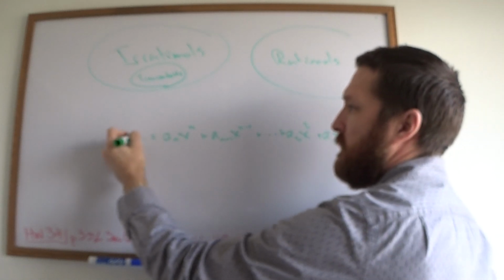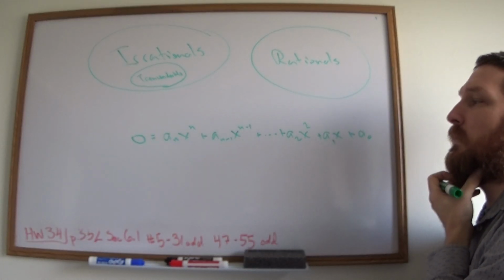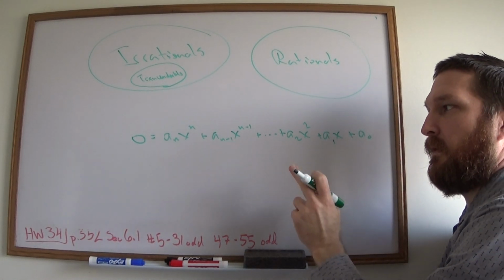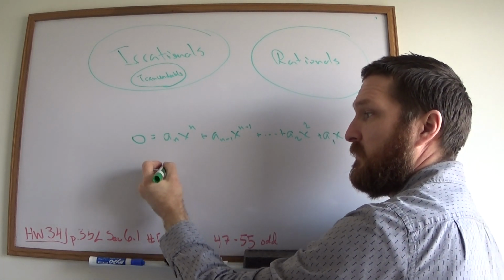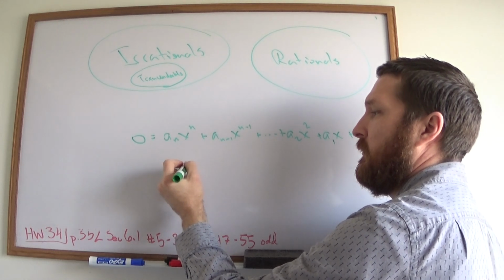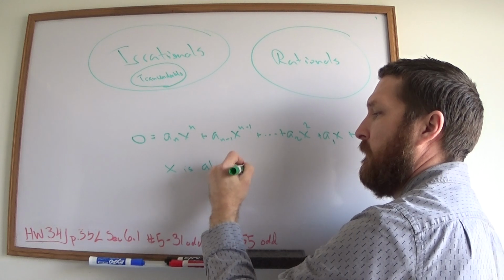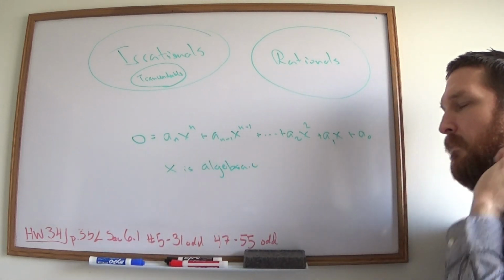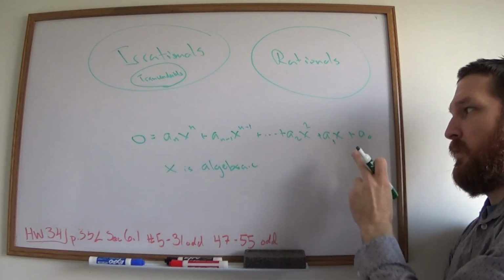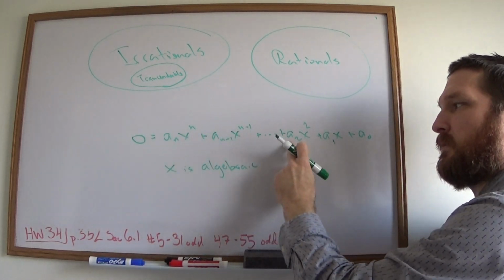Any solution that makes this true is called algebraic. X is an algebraic number if it's the solution to a polynomial with rational coefficients.